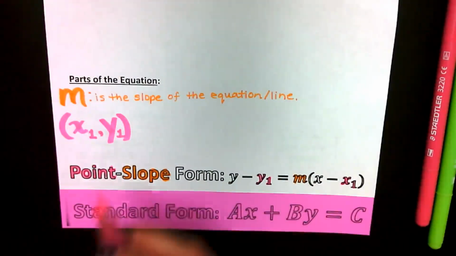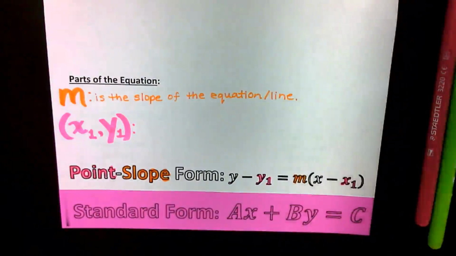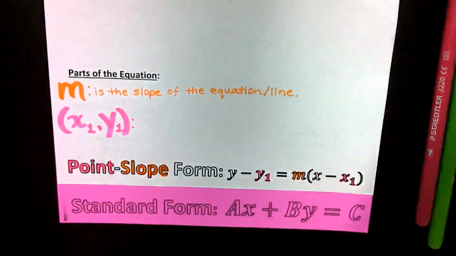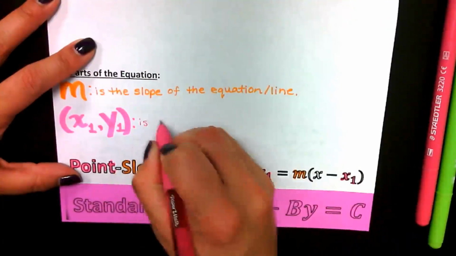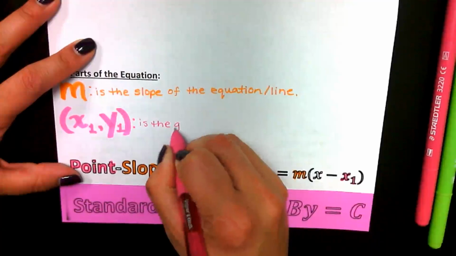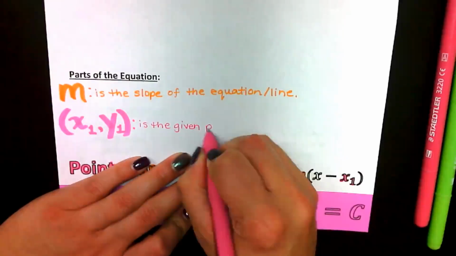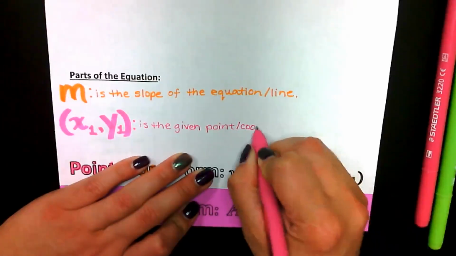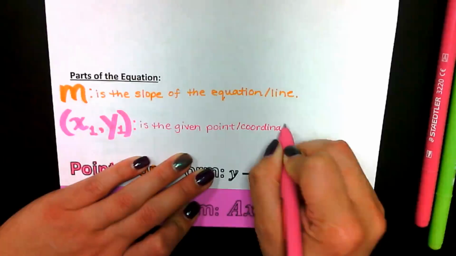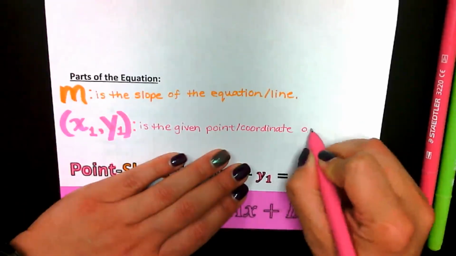And yeah, that's probably going to bleed through the other side. Oh, well. Okay, so x sub 1 comma y sub 1, this is the given point or coordinate on the line.